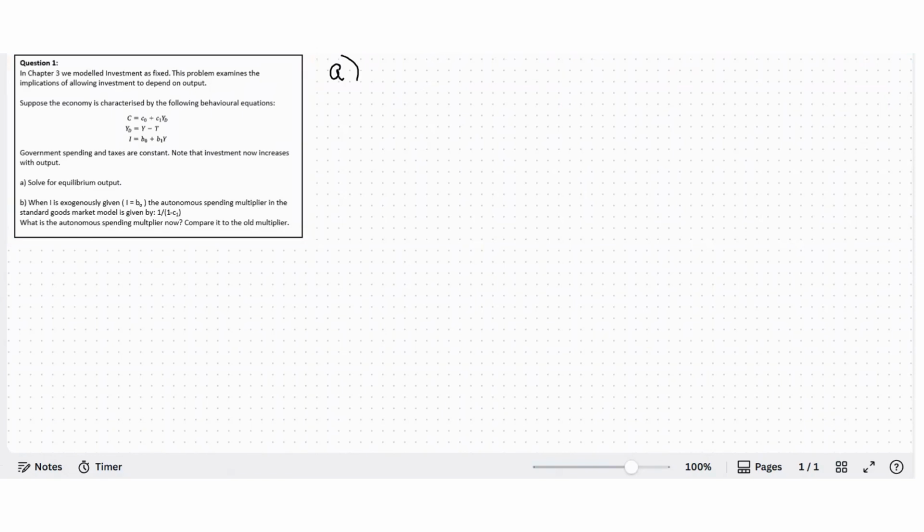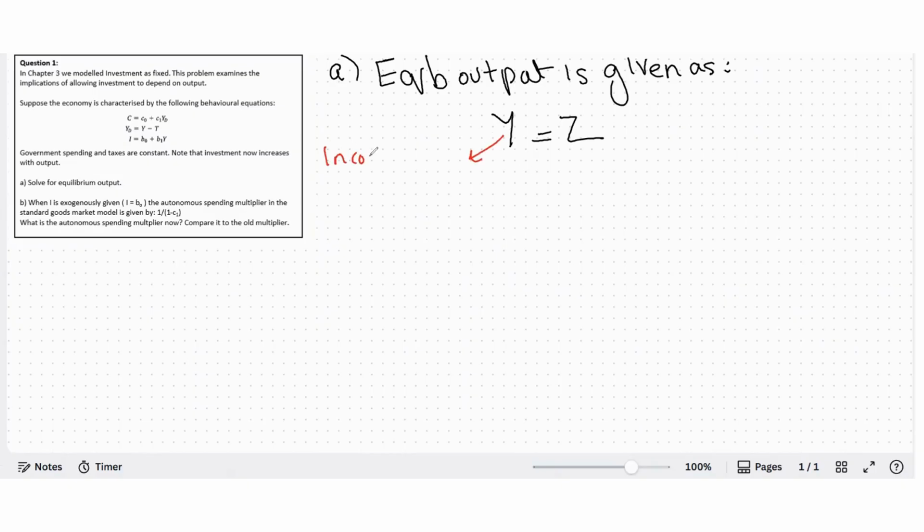Now we know equilibrium output in the goods market model is given as where Y is equal to Z. Now Y over here we know represents income or output, and Z represents demand.